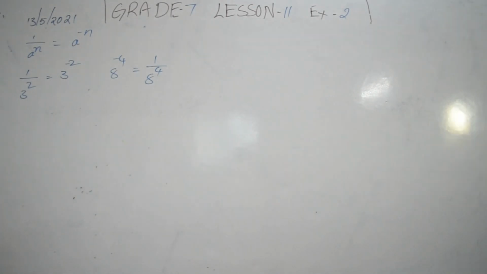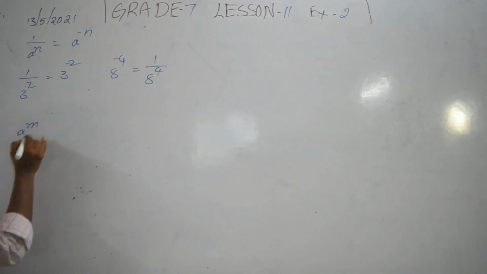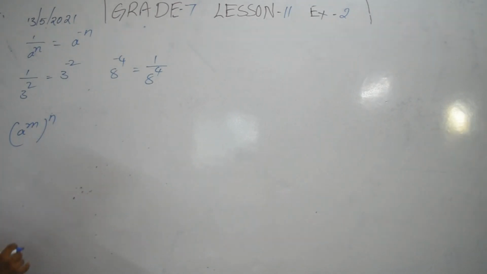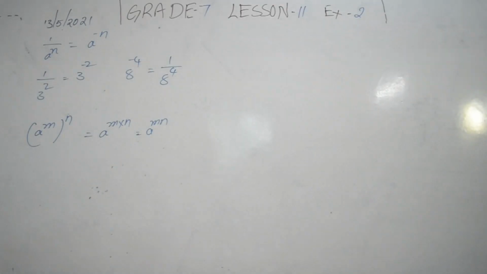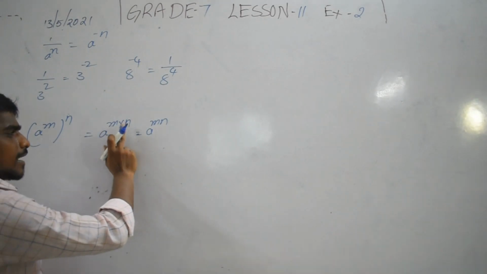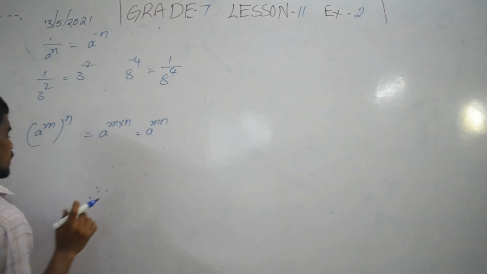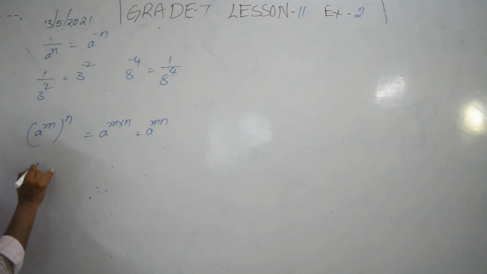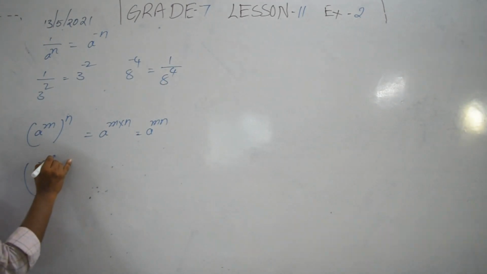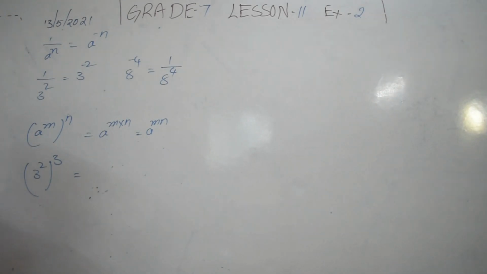Next one, a power m whole power n. Here a power m whole power n is a power m into n. Let us check once. Here 3 square whole power 3.